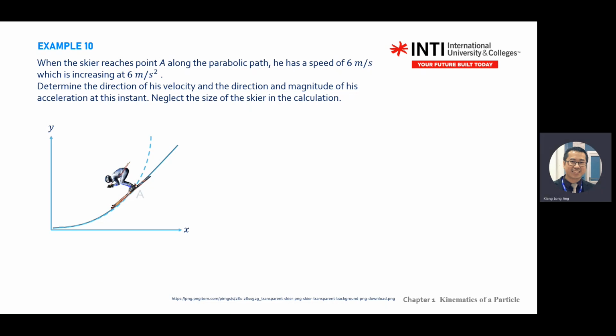The skater reaches point A along a parabolic path. When they mention parabolic, it will give you one equation: y equal to 1/20 x squared. Again, when you see a curve, you're given an equation y equal to something. Remember this equation.